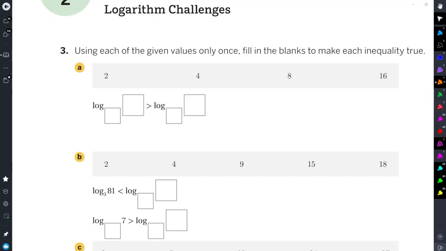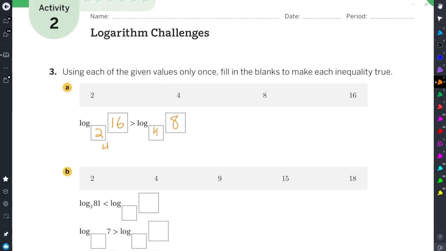So what we can do is if we do 2 and 16, 2 raised to what power is 16? That is 4. And if we do 4 and 8 here, that's going to read as log base 4 of 8. 4 raised to what power is 8?